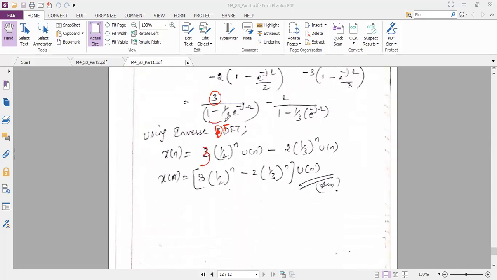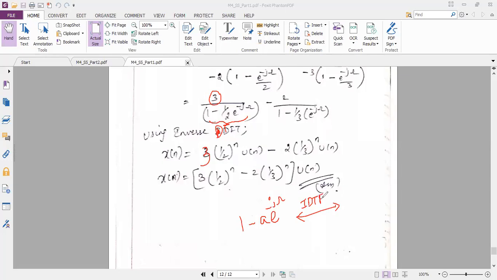If you have 1 minus a multiplied with e power minus j omega in the denominator, it is the inverse DTFT, inverse discrete time Fourier transform.